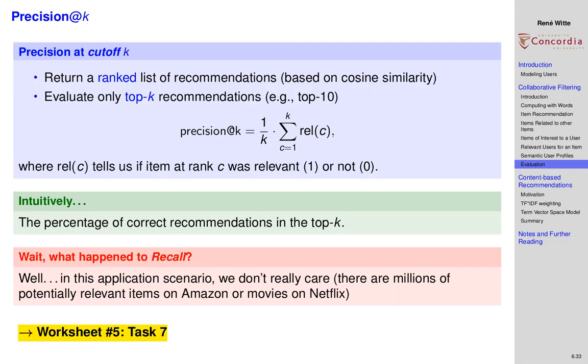This is more than you could watch in your lifetime or in 3 lifetimes. So in this particular scenario, recall isn't really interesting. We'll see later other machine learning techniques and approaches where recall is very important, but here in the context of recommendation, we are mostly concerned about these precision metrics.